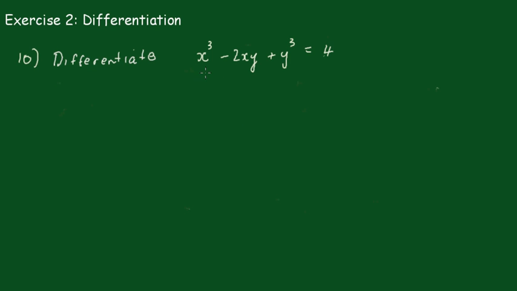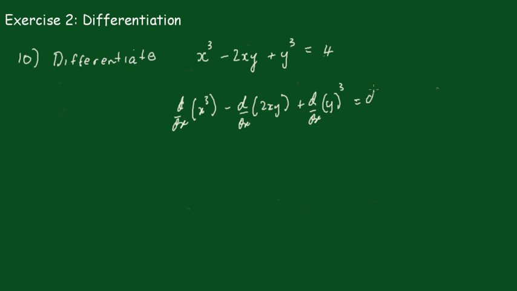So differentiating with respect to x to both sides, we'll get d dx of x cubed minus d dx of 2xy plus d dx of y cubed equals d dx of 4. Now d dx of x cubed is 3x squared.